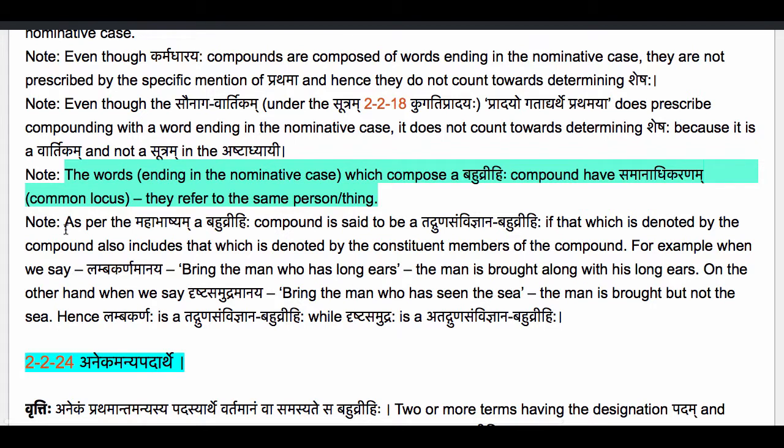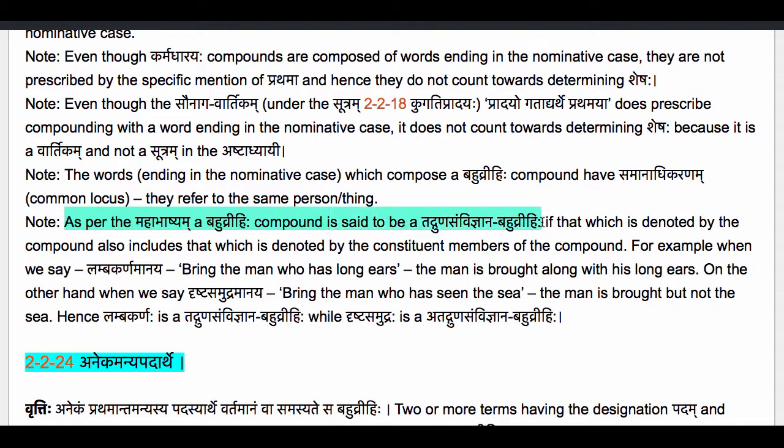Next note here says that as per the Mahabhashyam, a Bahuvrihi compound is said to be a Tadguna Samvijnana Bahuvrihi if that which is denoted by the compound also includes that which is denoted by the constituent members of the compound. For example, when we say Lambakarnam Anaya, bring the man who has long ears, the man is brought along with his long ears.